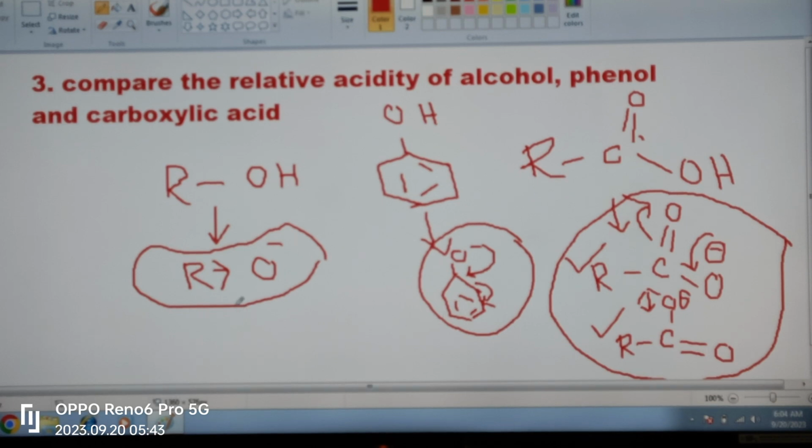So considering the stability of the conjugate bases, the conjugate base from carboxylic acid will be most stable, then phenoxide ion, and lastly alkoxide ion. So the relative order of acidity is: carboxylic acid will be the most acidic among these three compounds, then phenol, and lastly alcohol. I think it is clear for all of you.